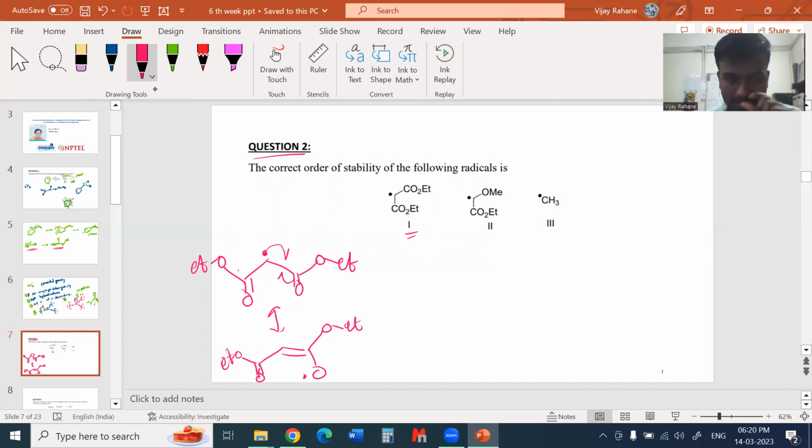In the second structure, what is happening? CH3 radical. So in the second case, what happened?